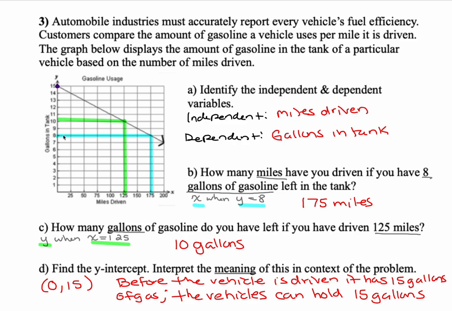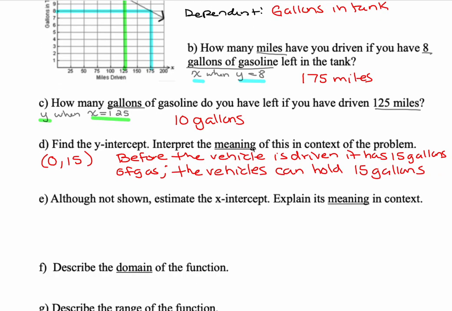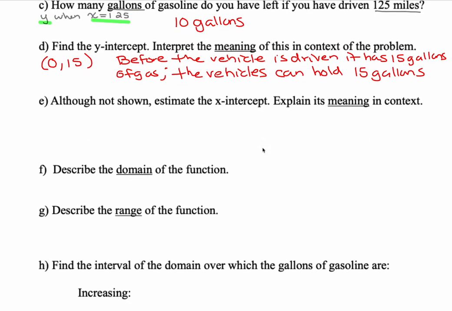We also cannot have negative gallons of gas. So our numbers have to be positive because there's no way we can have negative miles or negative gallons. We also know that it has to start and stop somewhere because our tank cannot hold more than 15 gallons, and it also has to stop when it runs out of gas. So that can help us see it later.